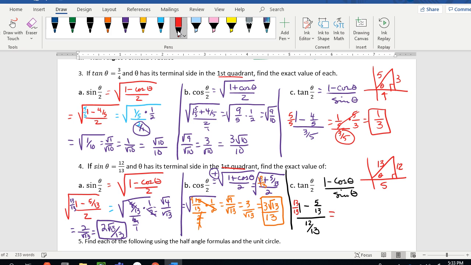So this gives me 13 minus 5 is 8 over 13. I'm going to keep, change, flip it, or you could have canceled the 13. I keep trying to go back and forth doing them different ways just so you catch it. Now look at this one. See how I have 13 and 13, one on top, one on bottom? And then I have an 8 and a 12. 4 will go into each of them. That becomes a 2, that becomes a 3. The answer is 2/3. How nice is that?